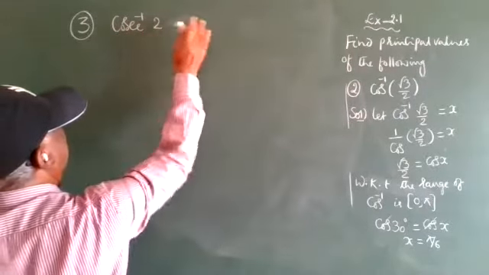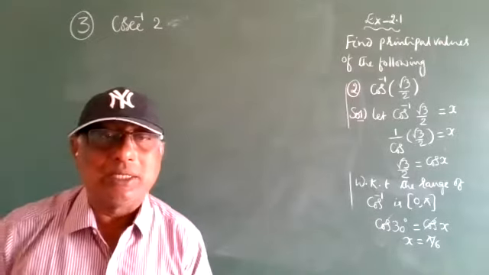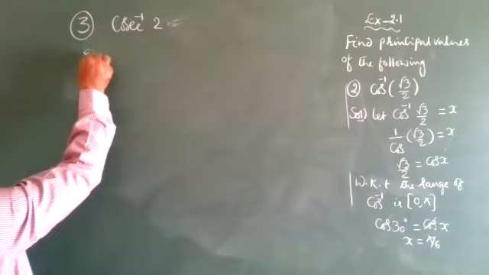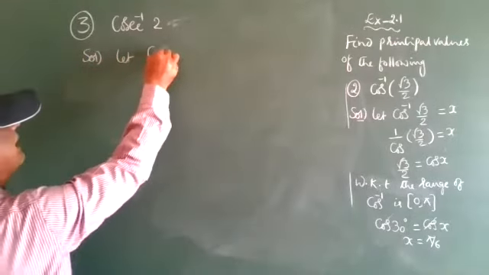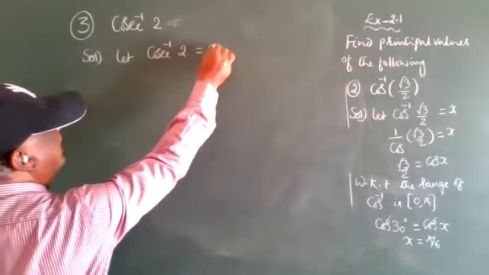Let the solution be x. So let cosecant inverse of 2 is equal to x.